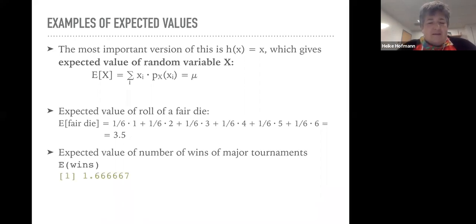What does it mean for Djokovic? How many tournaments would we expect him to win in an average year based on his performance? The expected number of wins is 1.66, so 1 2/3. Obviously that's not something that Djokovic can actually win.